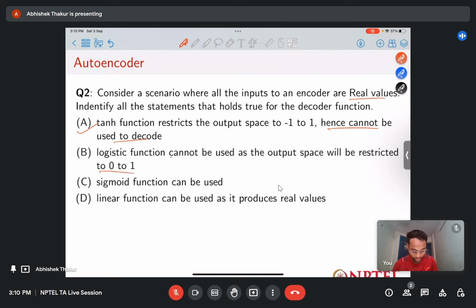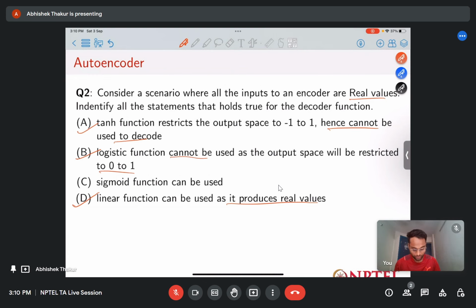Sigmoid function can be used. This is false because sigmoid also restricts to 0 to 1, so sigmoid cannot be used in this question either. And option D, the linear function, can be used as it produces real values. So options A, B, D are the correct options for this question.